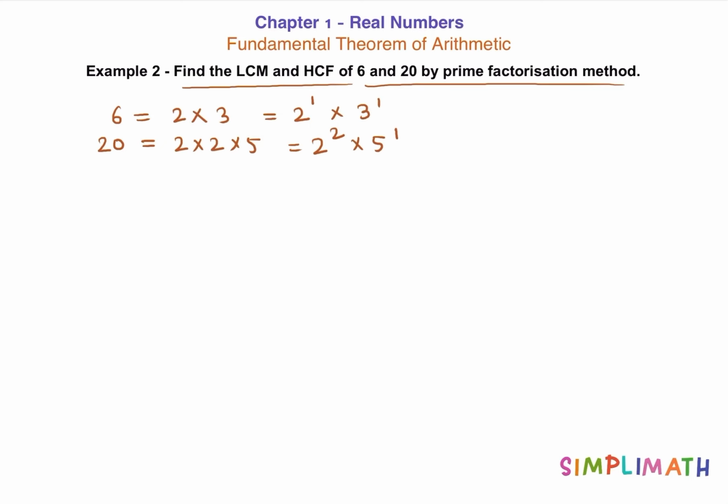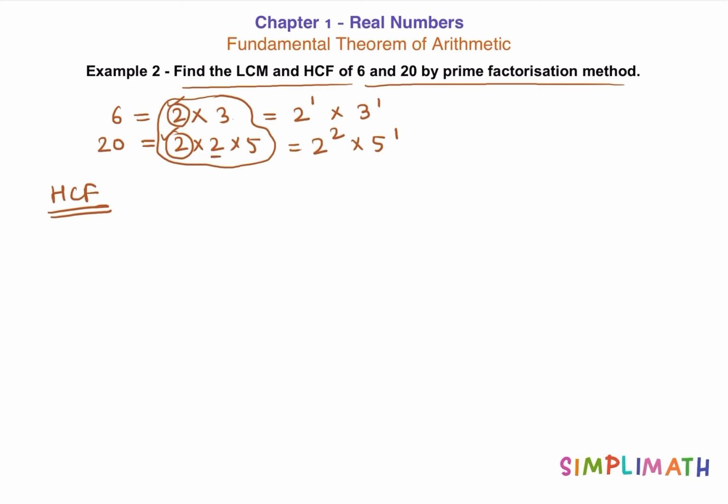Okay, now what is HCF? HCF is the highest common factor, which means we will see which prime number is common among the two numbers. So if we see the prime factors over here of 6 and 20, what we see is only and only this 2 is common among both the numbers.